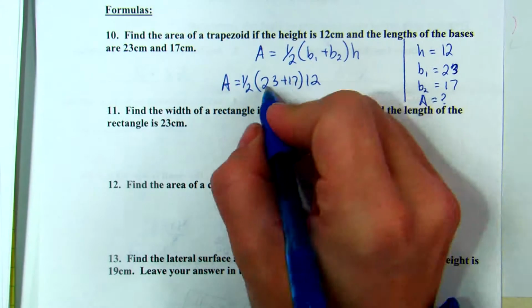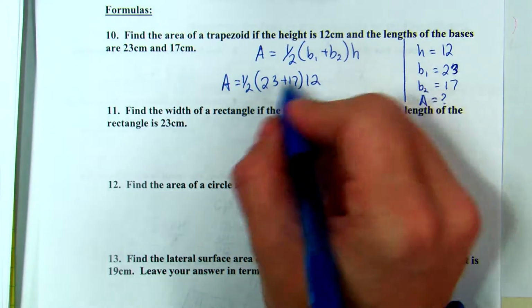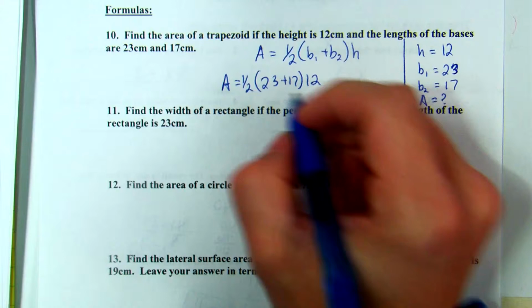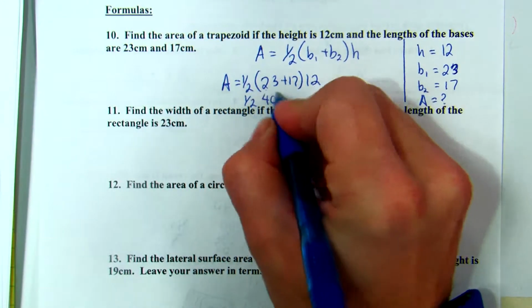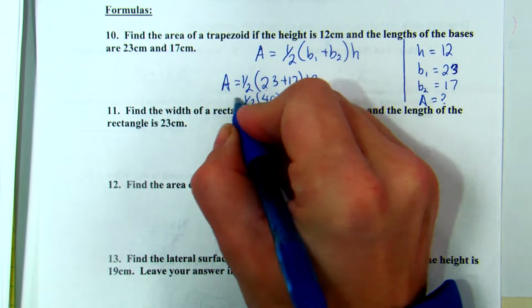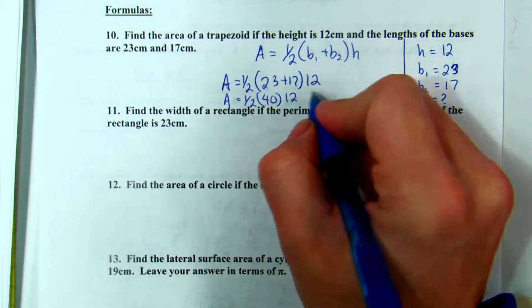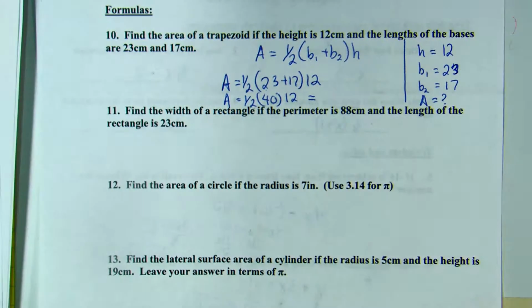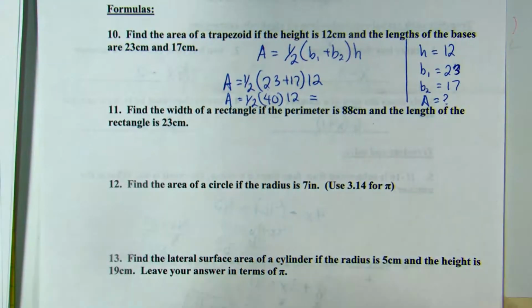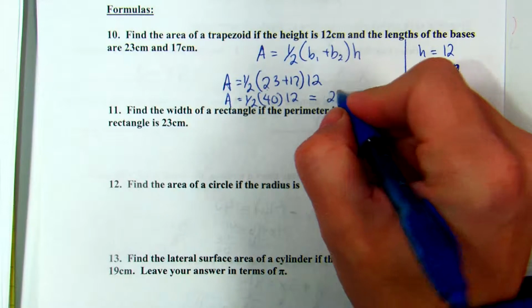We'll add these together and take half of that, multiply times 12. So we're going to have 1/2 of 40 times 12. Again, this is still all equal to A, which then, if we take half of 40, we're going to get 20. And 20 times 12 should give us 240.